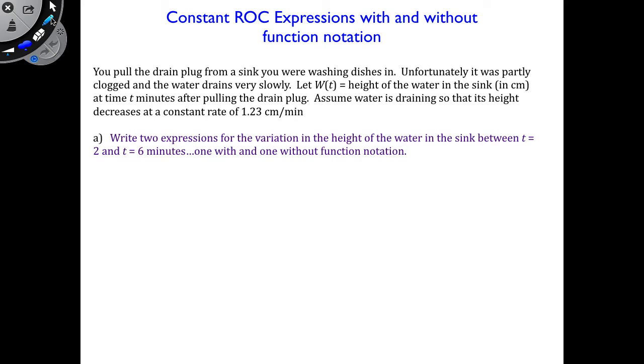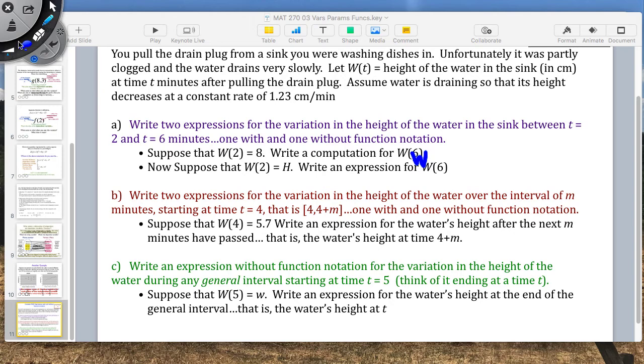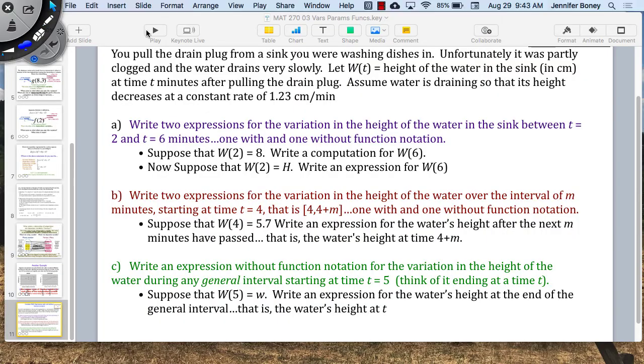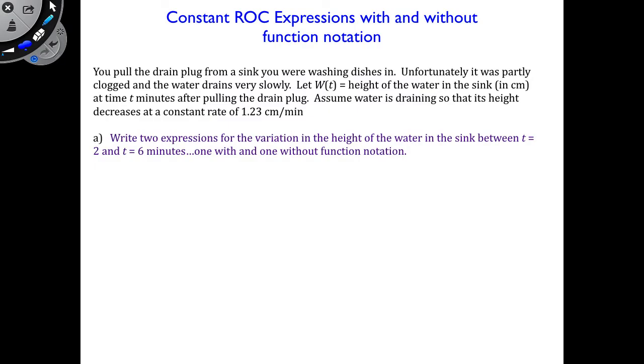Height's measured in centimeters, time's measured in minutes. So we decided that one way we could do this is to write w of 6 minus w of 2. So w of 6 minus w of 2 does this with function notation.